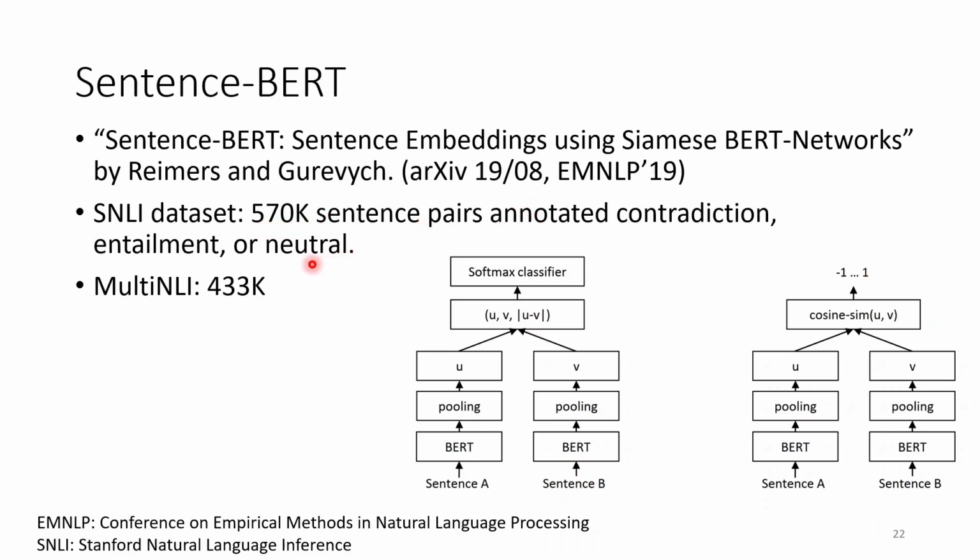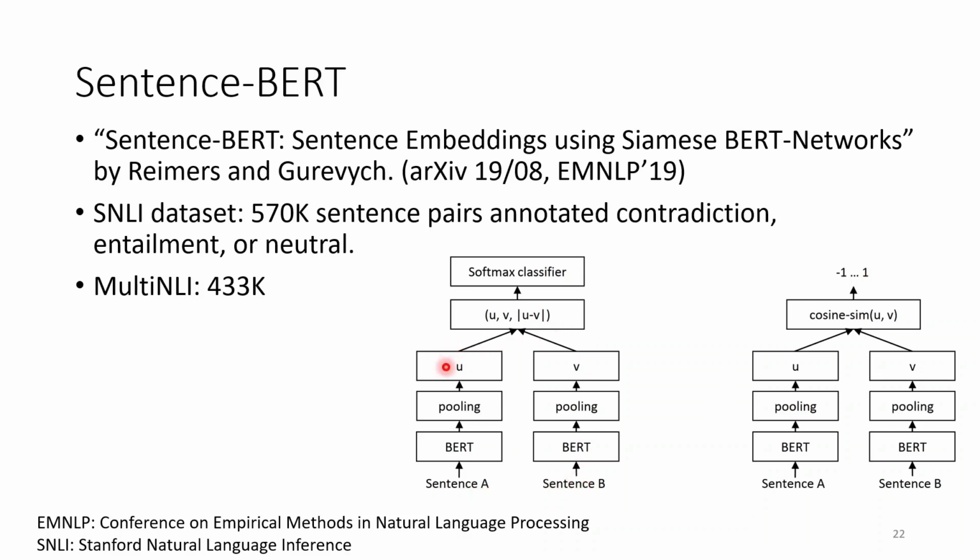Are they neutral, entailment, or contradiction? So, given sentence A and B, through BERT they can generate, I should say, this is a fine-tuning task. There is a pre-trained model in BERT. They just need to add a few layers so that they can generate a vector U and another vector V from the two input sentences.